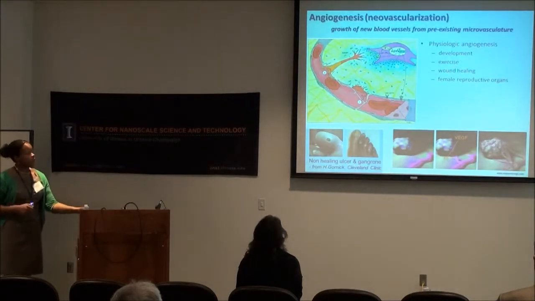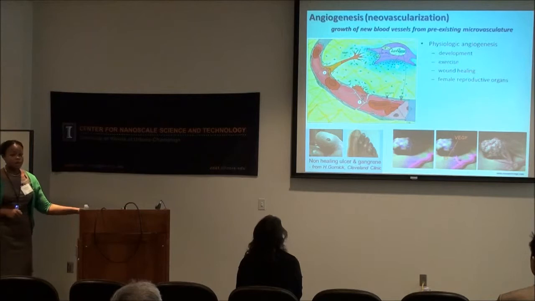So just so we're on the same page, I wanted to give you a little bit of background on the process of angiogenesis. This, of course, is the growth of new blood vessels from pre-existing microvasculature. And it's important in development, exercise, wound healing, as well as in the female reproductive organs. And this schematic actually shows roughly how this process occurs.